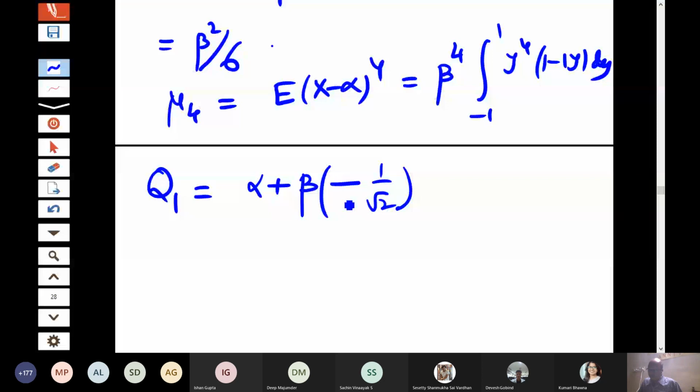And the other one will become alpha plus beta by root 2. So you can calculate and check these calculations. Okay. Next we complete these calculations. Okay.